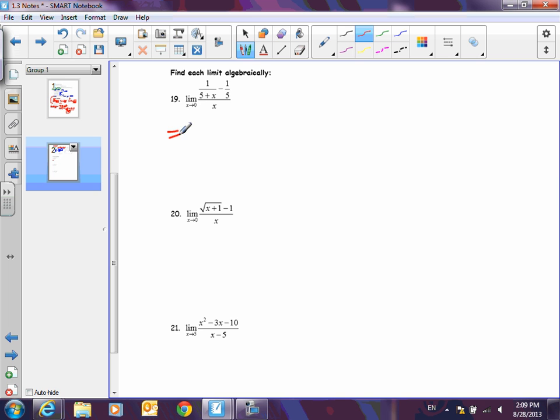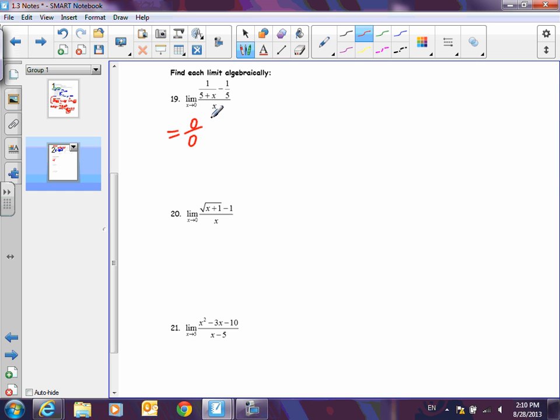Okay, what did you get? 0 over 0. What does that tell us about the graph? There's a hole, and this looks a little bit different than the factoring problem we had, doesn't it? I'm not going to do the same type of thing.